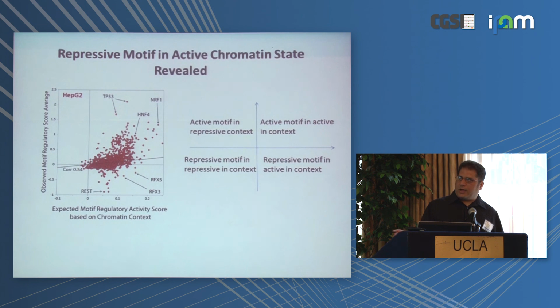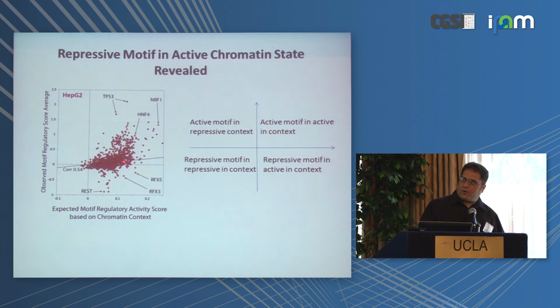And then the last analysis I'll show you here is one other thing we can do: take individual motifs and compare their average observed activity with what is expected based on the chromatin state they were observed in. What you're seeing here, in this quadrant, is active motifs that are found in active contexts. The x-axis is the expected regulatory activity based on the chromatin states, and the y-axis is observed.